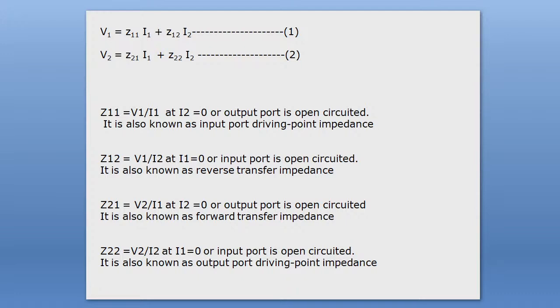At first, we have tried to understand the Z parameter or impedance parameter. So to understand the Z parameter, we need to write the equation between independent and dependent variables. In this case, we have considered the voltage terms as dependent variables and current terms as independent variables.